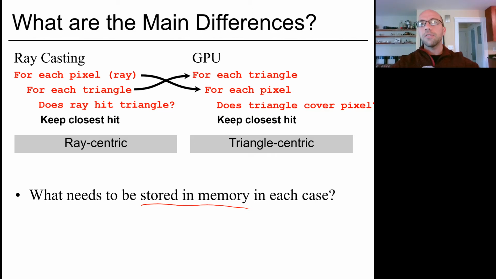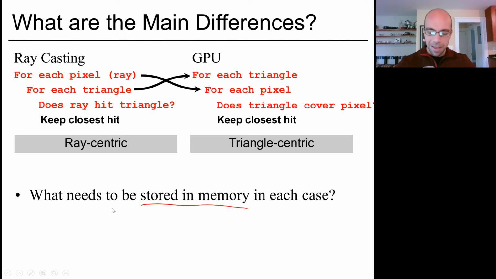They could bounce all over my scene as I'm doing my rendering. And so what that means, in effect, is that I have to keep my entire scene in memory when I'm doing my rendering, because I never know which triangle I'm going to have to intersect with next. In GPU-based rendering, specifically in rasterization, that's not the case, right? I loop over every triangle, and then I never touch it again.